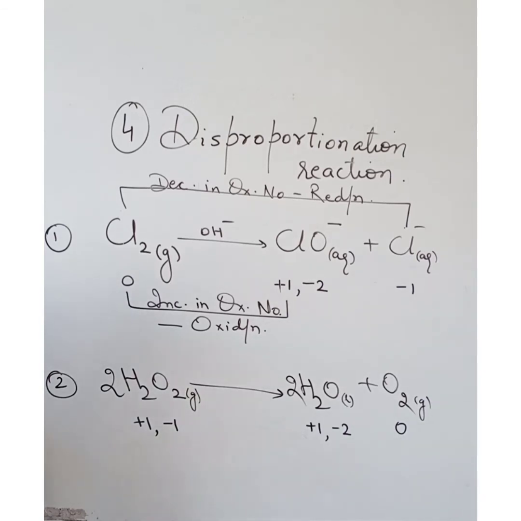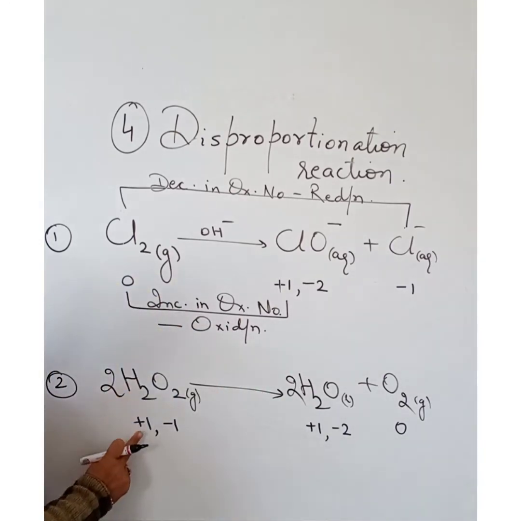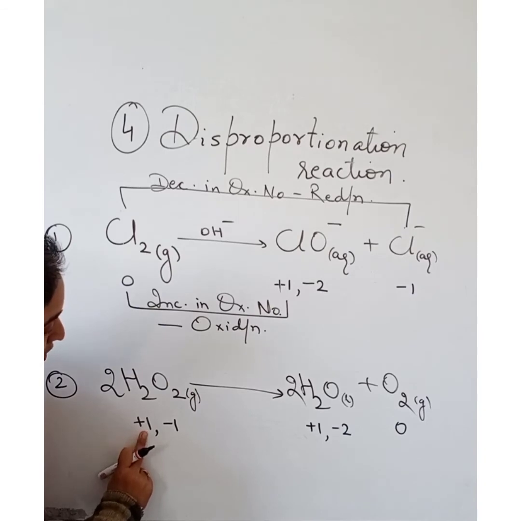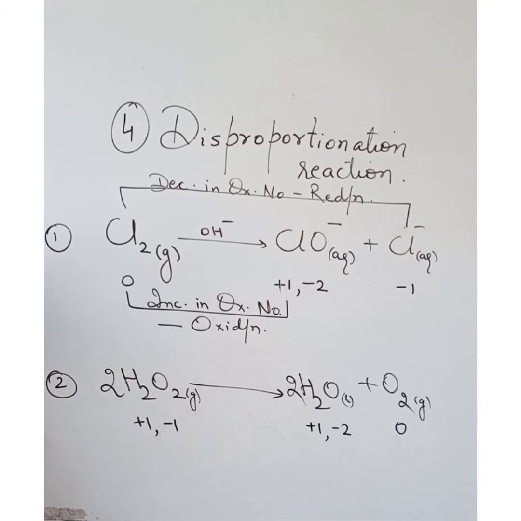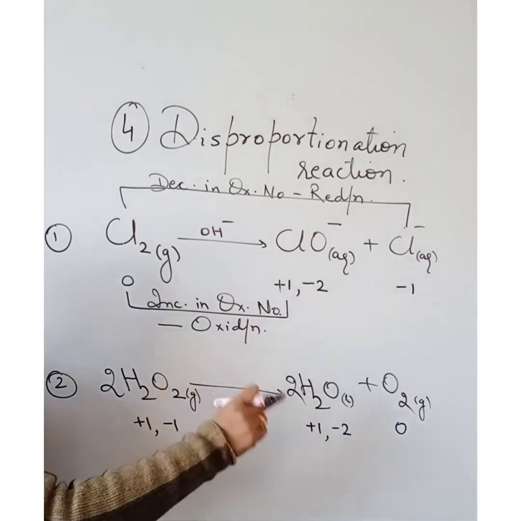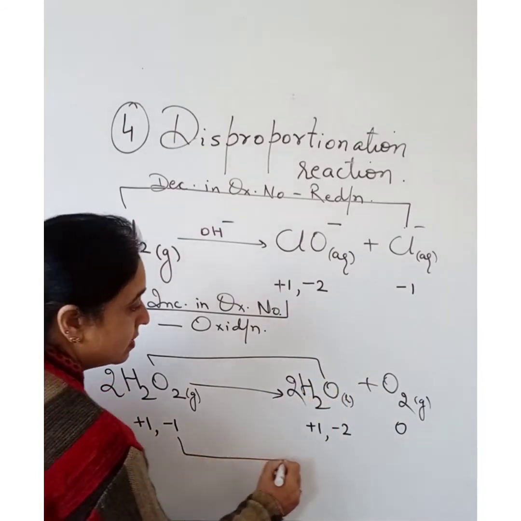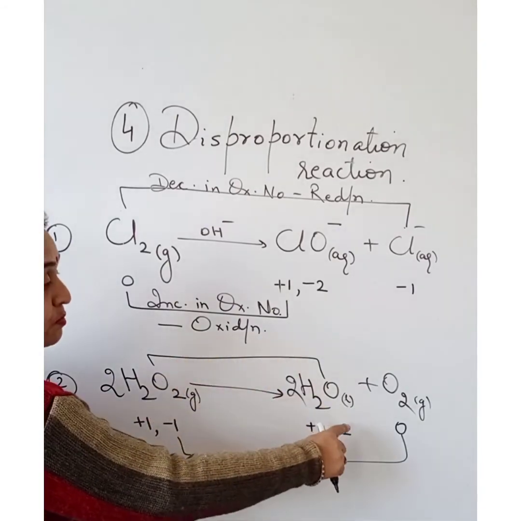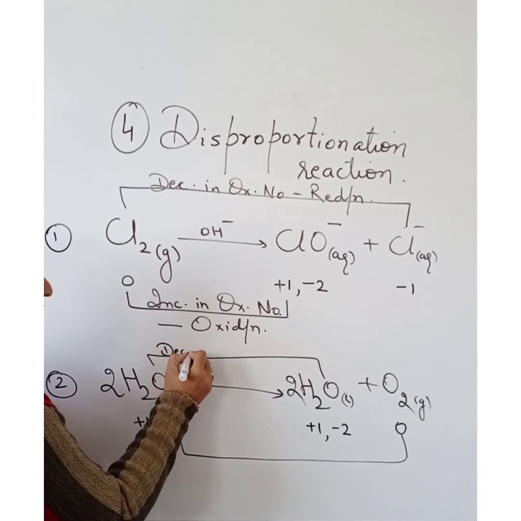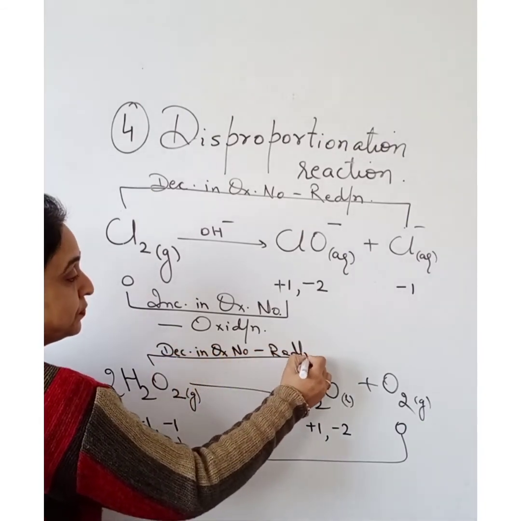You have to identify the element which is undergoing change in oxidation number. Now, if you notice, hydrogen is having +1 on the reactant side as well as +1 on the product side. It is not undergoing any change. Oxygen is undergoing change. So, connect the elements, one oxygen with the other one, and now find out the change. -1 is changing into -2, decrease in oxidation number, and this process is reduction.